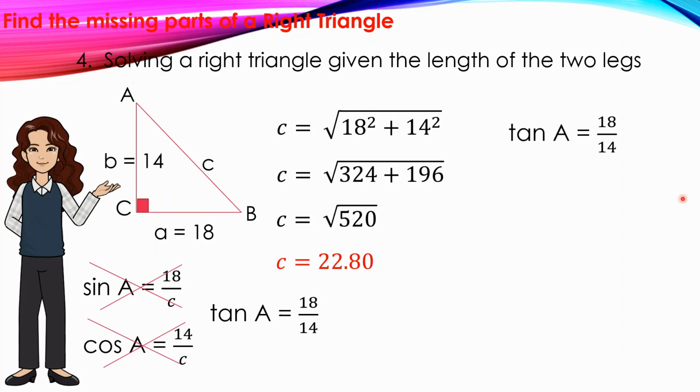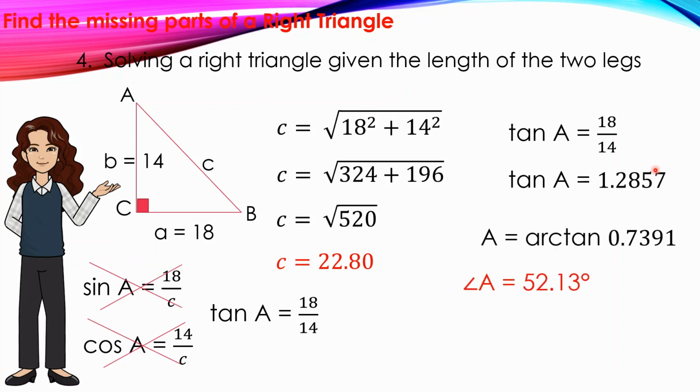We're going to use tangent A is equal to 18 over 14. So get your calculator again. You need to press 18 divided by 14 equals, then after that, press shift, tangent, then equals. So now, angle A is 52.13 degrees.